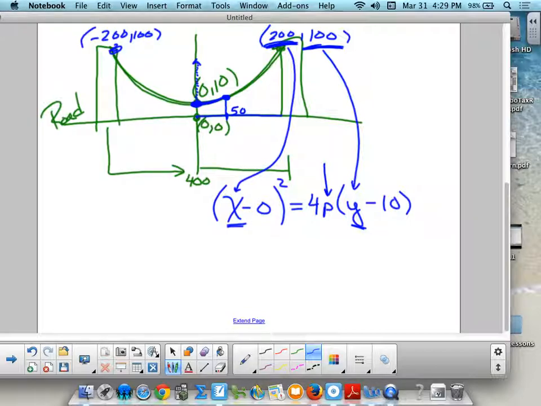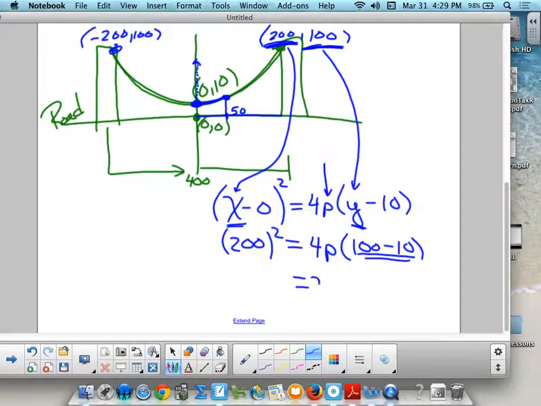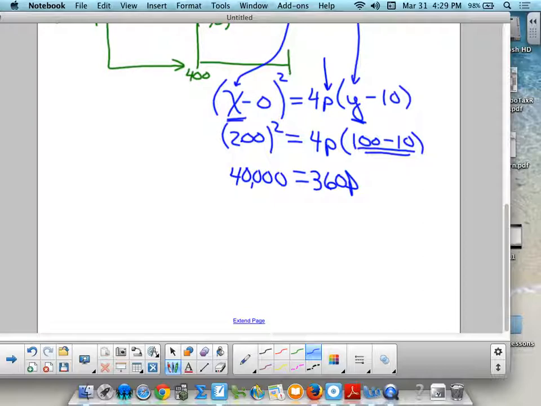So in for x is 200, take away 0. P, we don't know P. This would be 100, take away 10. This would be 90 times 4, 360p, equals 200 times 200, which is 40,000. Divide by 360.